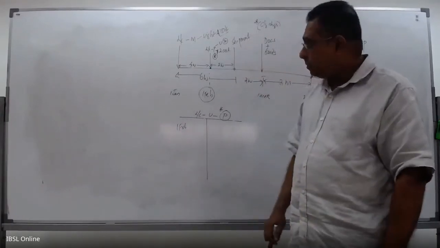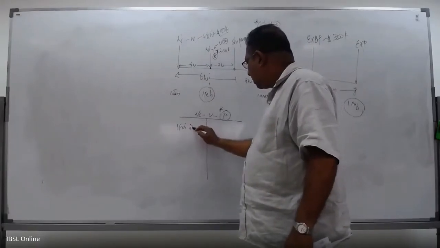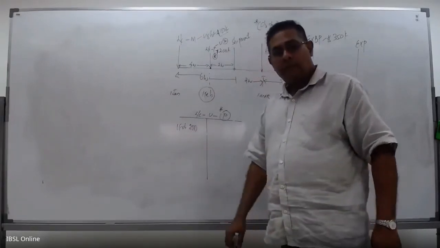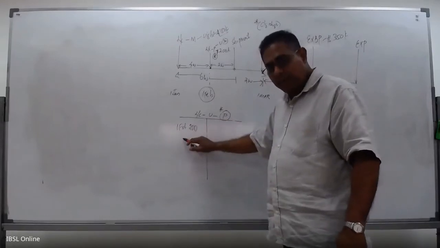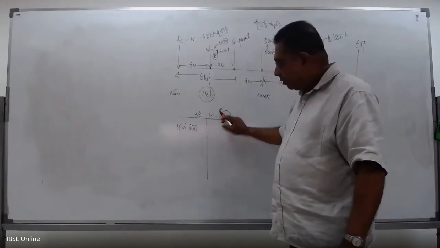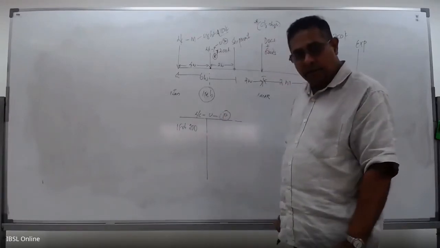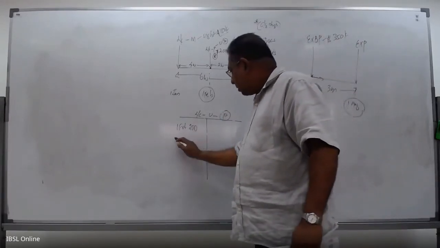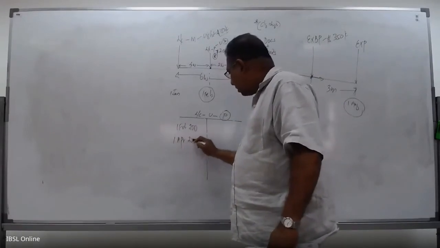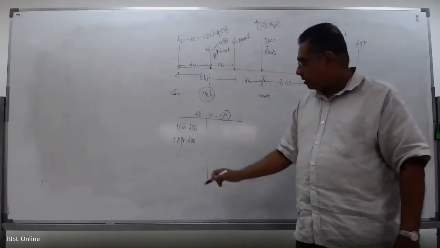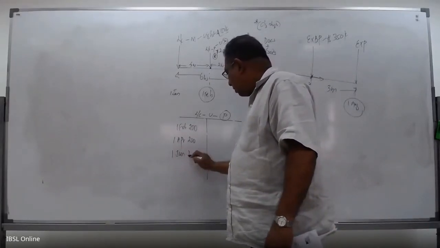So here is 1st February, not 1st January. How much do you open? For 200,000. And in March, you don't open an LC. So that means we are mindful of this particular asterisk. Then 1st April, 200, then 1st June, 200.